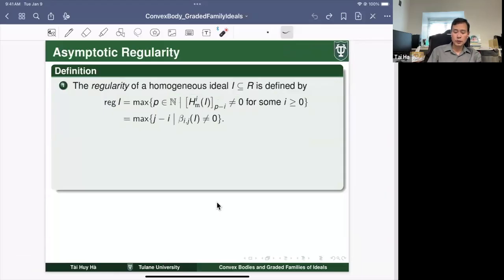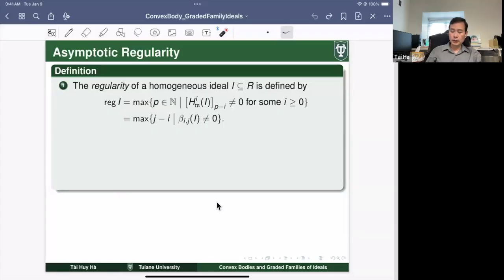Okay, so next I'm going to move on to the invariant that we are also interested in, namely asymptotic regularity. This is just a quick recall of what regularity is. One can define generally, if we start with a standard graded algebra over a field K, the regularity to be the max of p such that the ith local cohomology with respect to the maximal ideal, in degree p minus i, is non-zero for some i.